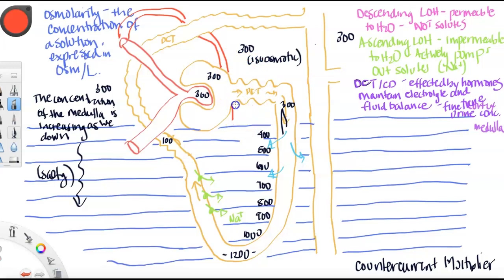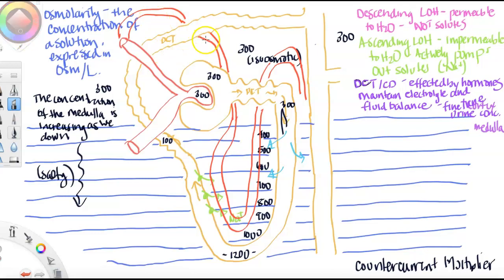But ultimately, those capillaries go down into the medulla as well. And we showed this when we did the anatomy. So here's the vessels. And again, this isn't one vessel. It's the vasa recta. Okay.